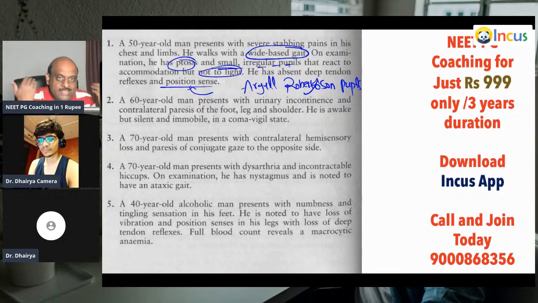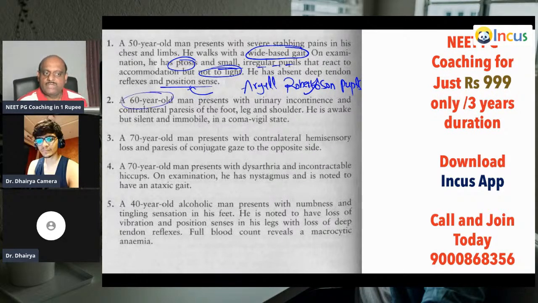So he closes the eyes and washes with water, and that leads to imbalance and ataxia. This is typically called the wash basin phenomenon, which is seen in patients who have dorsal column demyelination, whether it is subacute combined degeneration of the spinal cord, Friedreich's ataxia, or tabes dorsalis, etc.